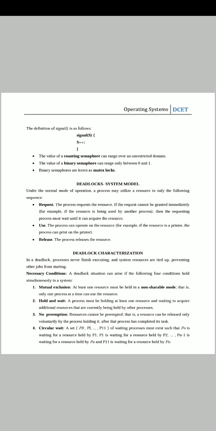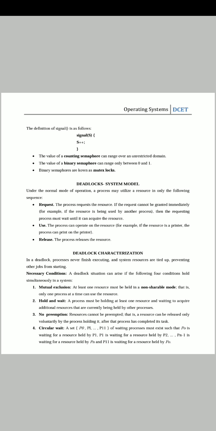For any system, we have the deadlock system model. For any process, the process wants to use some resources. Resources in a computer system are the memories, the clock cycles, the files. Those are all called the resources in your computer system.